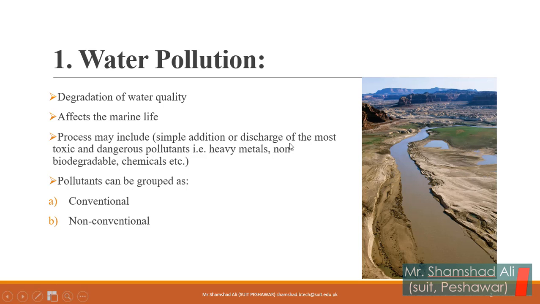Okay, first we will discuss water pollution, its causes and sources, and its impact on the environment. Water pollution basically refers to the degradation of water quality, which affects marine life.